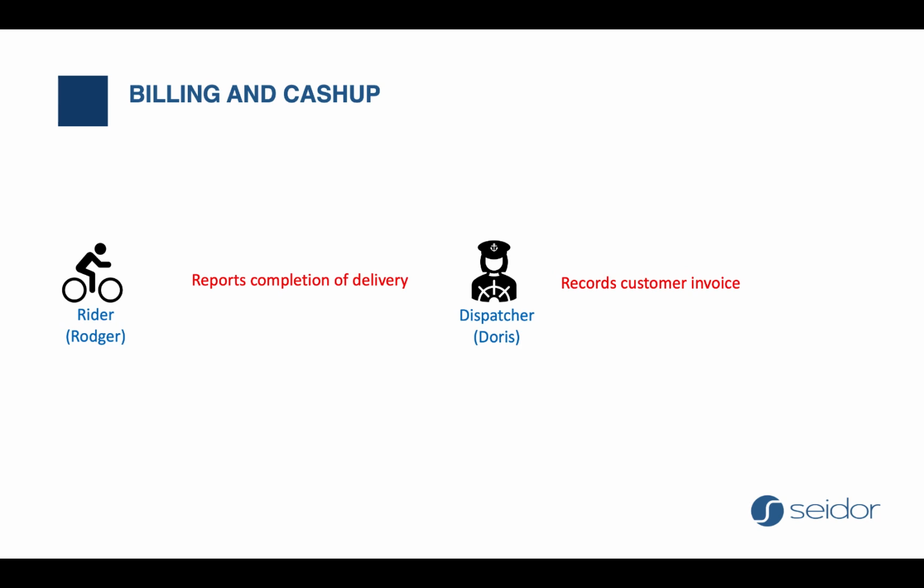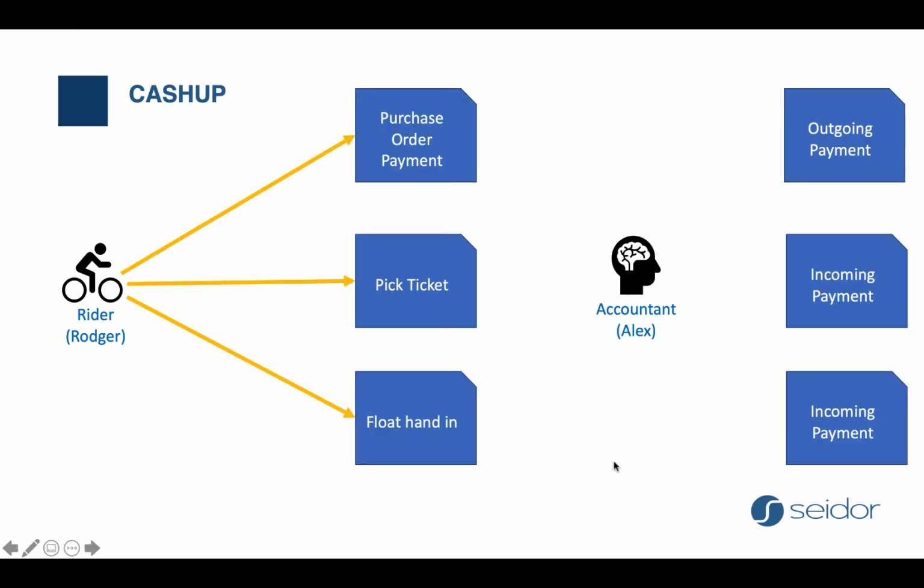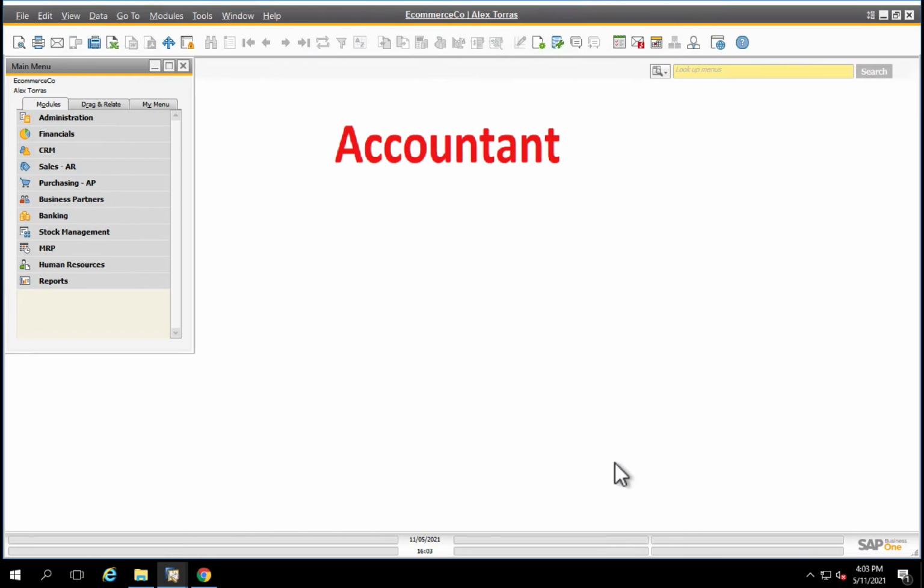At day's end, Roger comes back to the office and reports to the accountant Alex. First, he hands in the signed purchase order and receipt from the supplier, whom he paid upon collecting the delivery. So Alex books the payment against that purchase order.